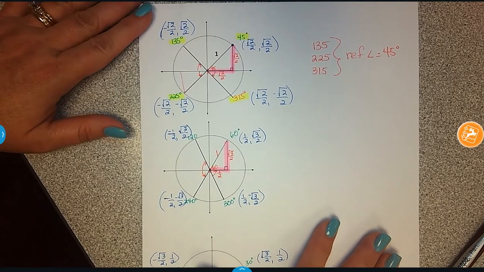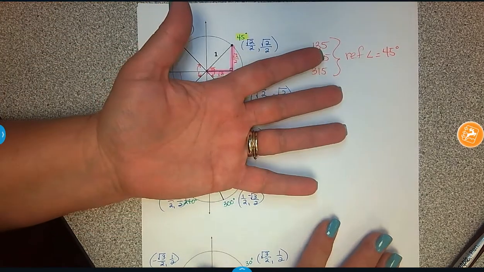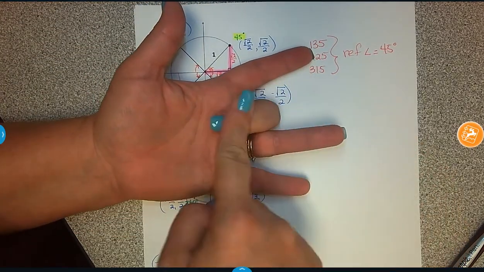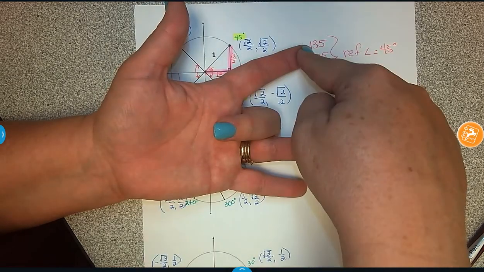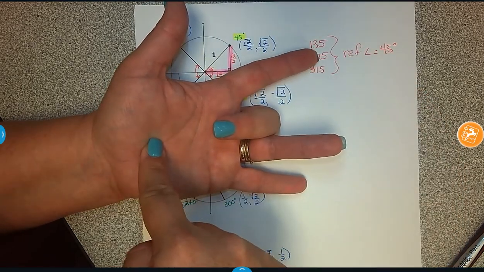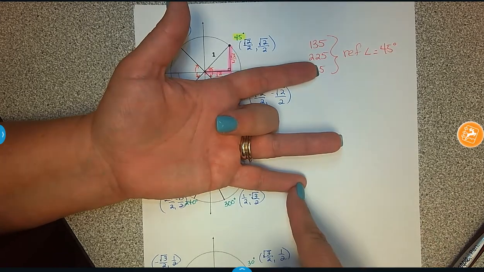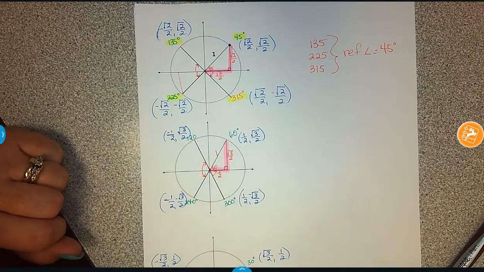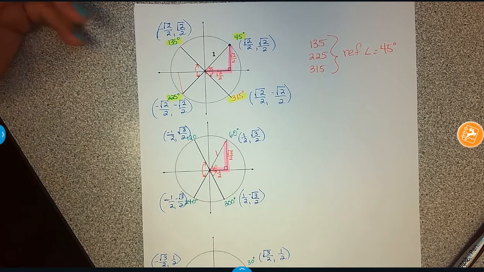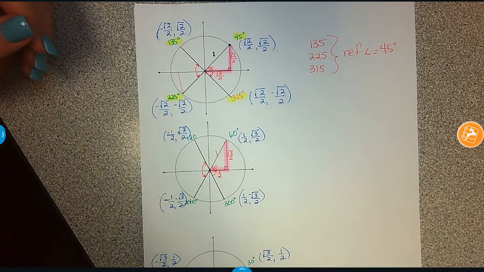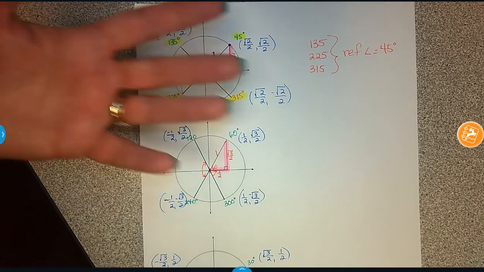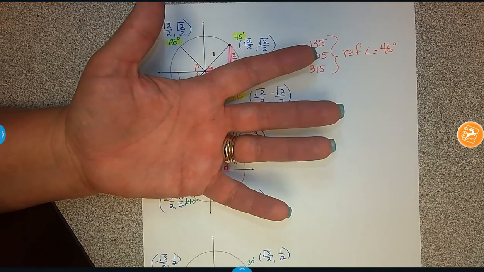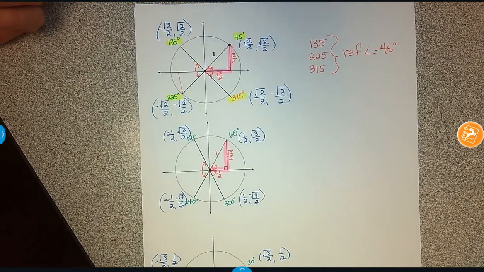And then for 45, remember 0, 30, 45, square root of 2/2, comma, square root of 2/2. There's my ordered pair. So while you can figure all this out using those special right triangles, it's all right here on your left hand, at least for 0 through 90 degrees.